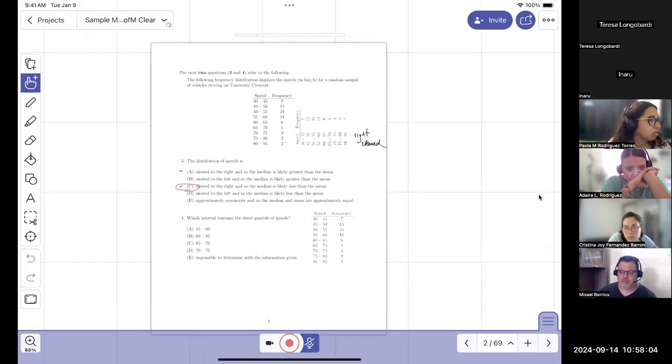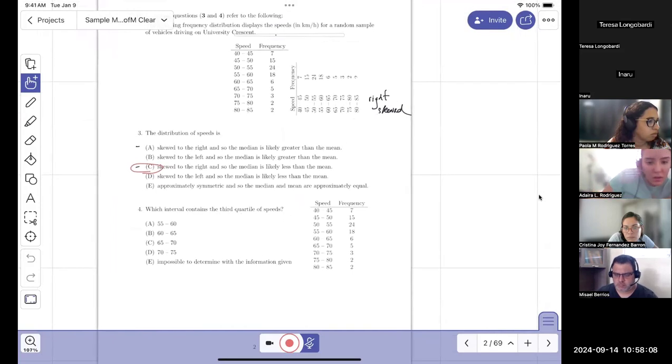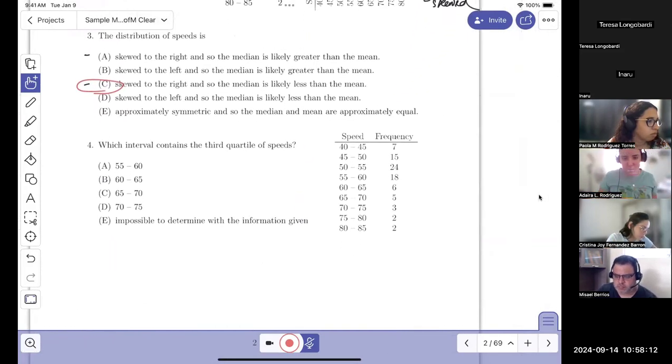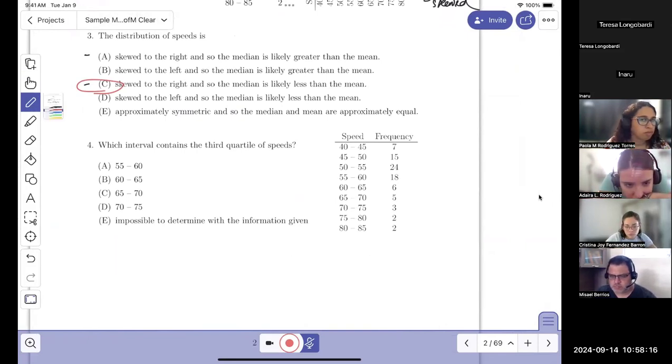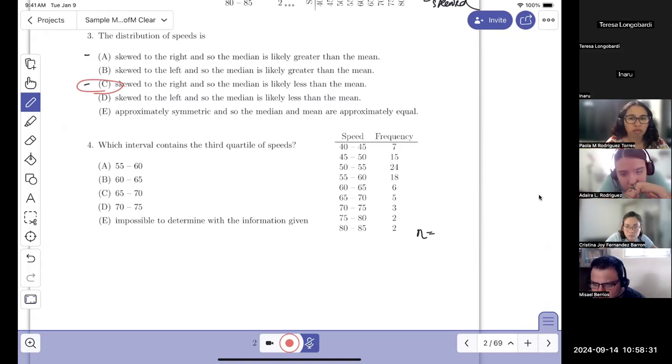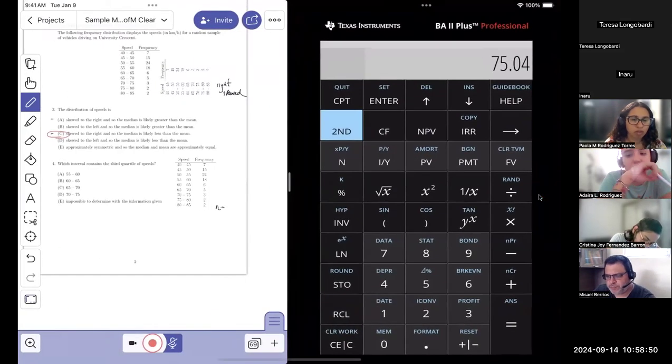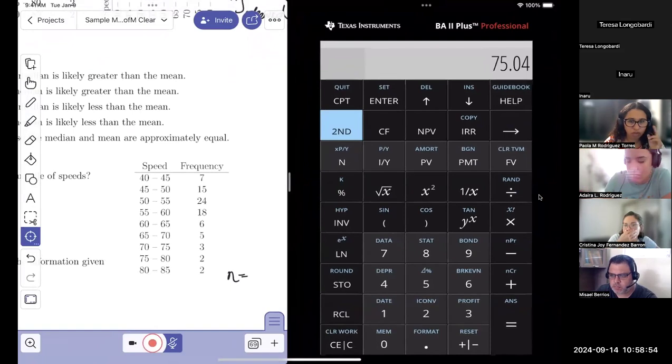How many observations are here? If you want to sum up how many they are, let's use the stat mode.